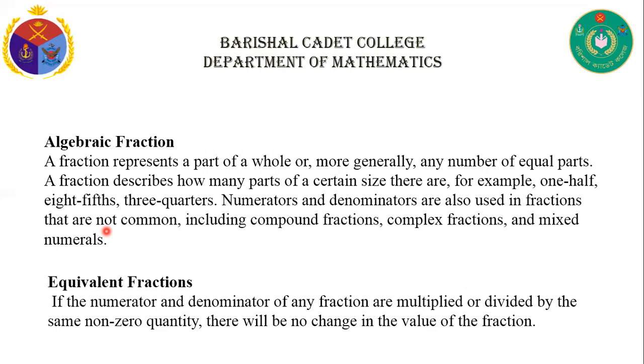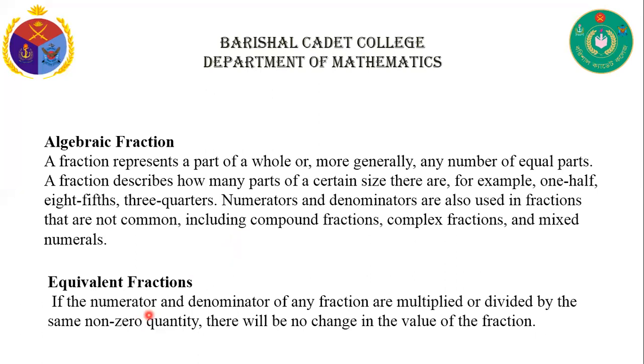Here 1 is the upper side, the numerator, and 2 is the denominator. 1 divided by 2, where 2 is the denominator. Fractions include compound fractions, complex fractions, and mixed numerals. So we have simple fractions, complex fractions, and mixed fractions.